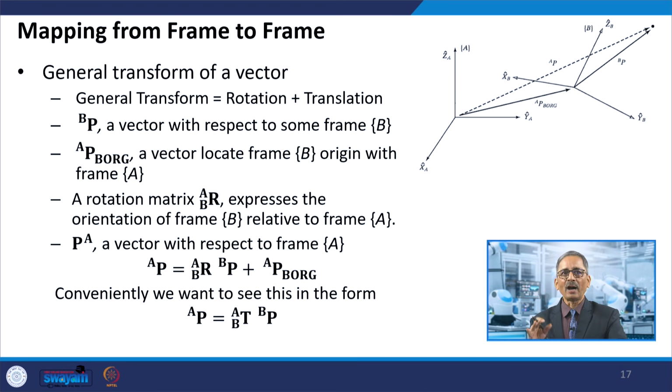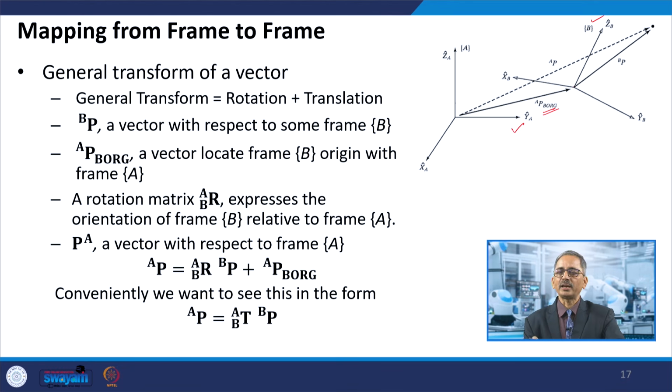Okay. So, now let us take a general case. Okay. So, in the general case, what do we have? Say I have a frame A over here and I have got a frame B over here, and this frame B has a certain orientation, or it has a certain rotation with respect to frame A, okay, as well as the origin is at the position say B origin with respect to frame A. So, this is the general case.